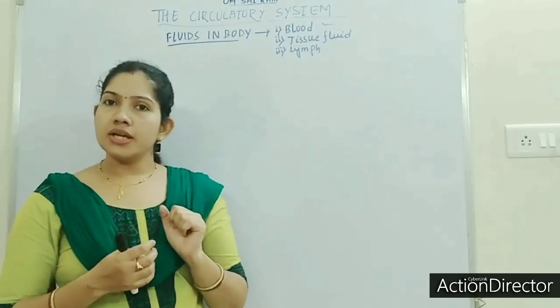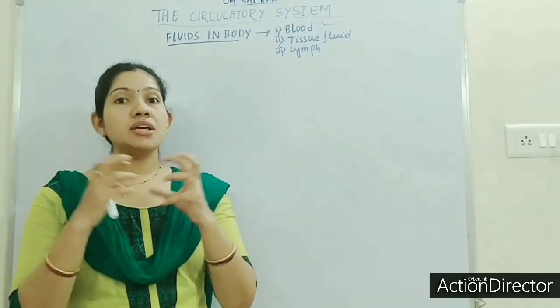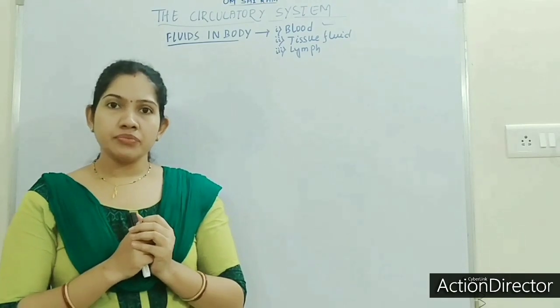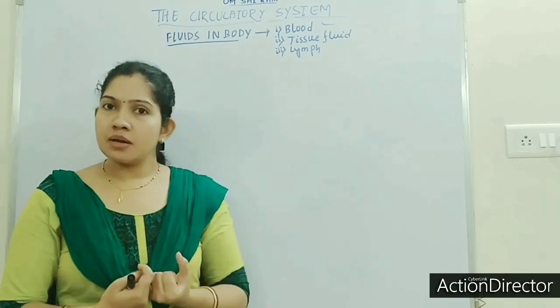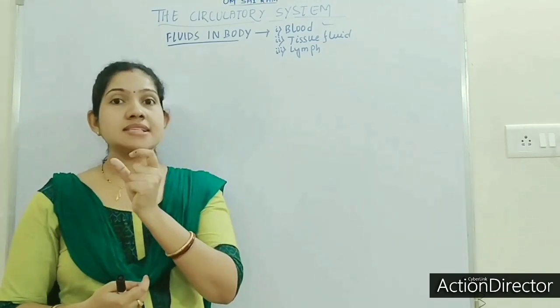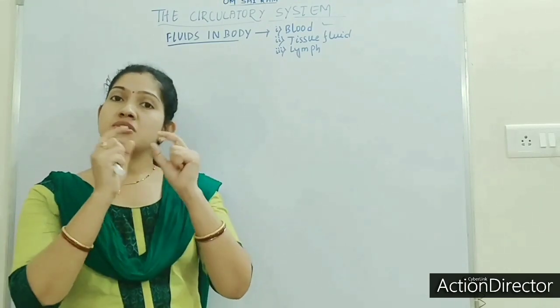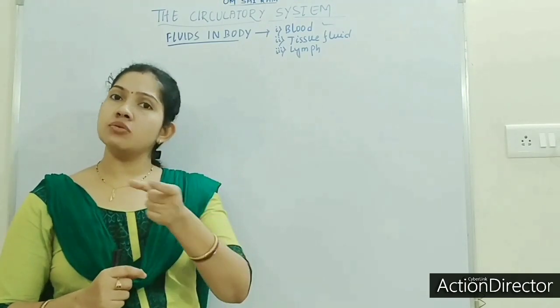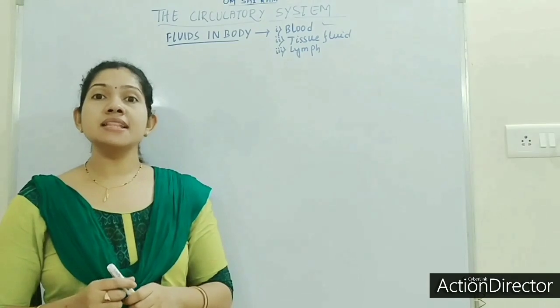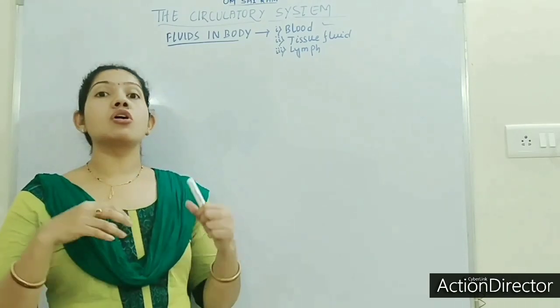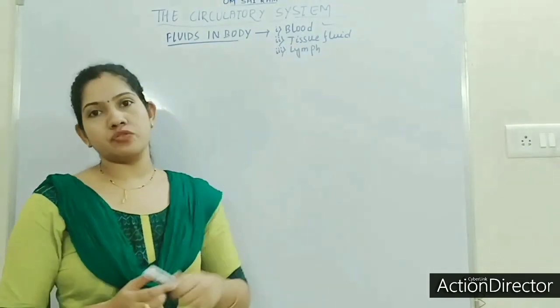Tissue fluid is a fluid that is found in the gaps between cells. We have numerous cells in our body, and in between the cells we have some space. We call this the intercellular space. In that space we have some fluid that is known as tissue fluid.